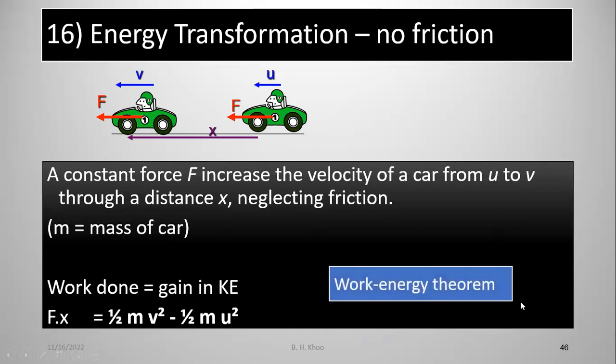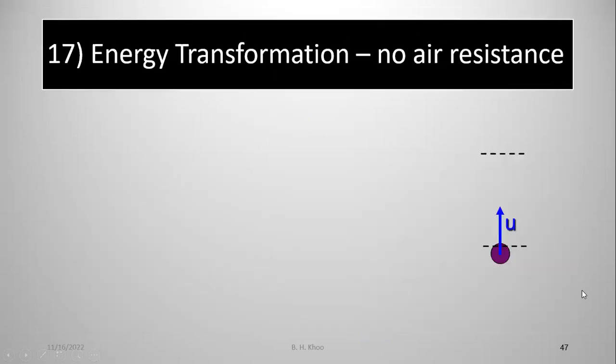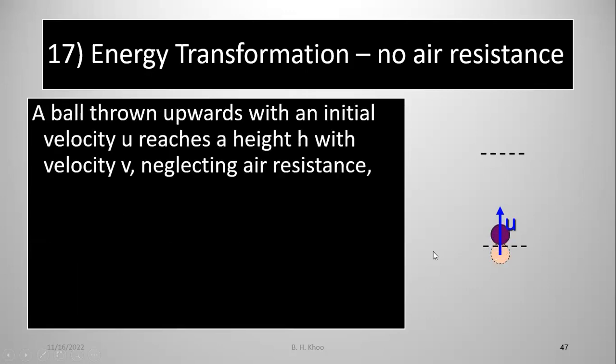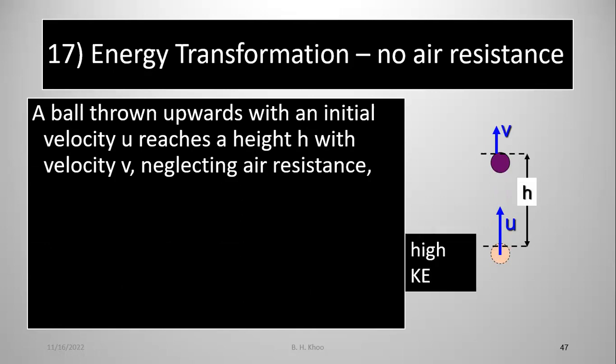Work energy theorem, same. Initially the velocity is U, with no air resistance. The ball is thrown up, moves to a height H, and has a velocity V. So you should be able to write the work energy equation.